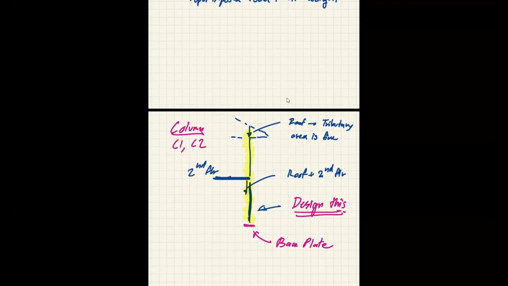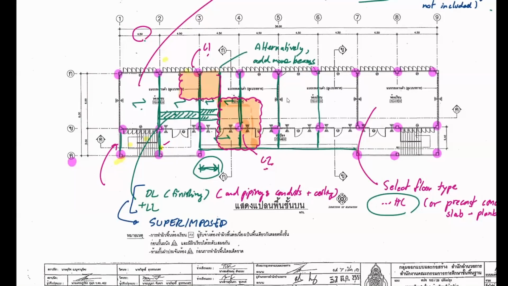Okay, and also check on the uniform load acting on the beam here. Say your typical B1 here. Okay. This guy, it's worth checking because this beam, you see, can you see this beam? Are you with me? Can you see this beam?